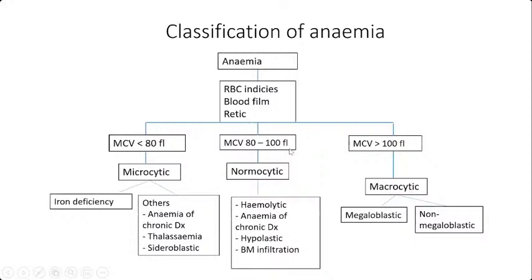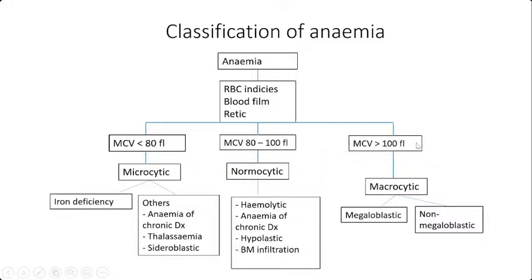If the MCV is normal, that is a normocytic anemia, there's a whole host of causes ranging from a hemolytic anemia, anemia of chronic disease, hypoplastic or aplastic anemia, or bone marrow infiltration by neoplastic disease, etc. Okay, and you will know by doing your reticulocyte count, if the reticulocyte count is high, that is more likely going to be a hemolytic anemia, because in all the others, the reticulocyte count will be low.